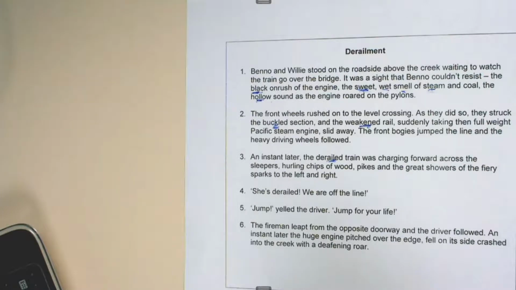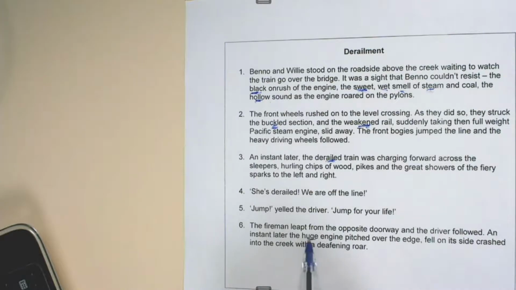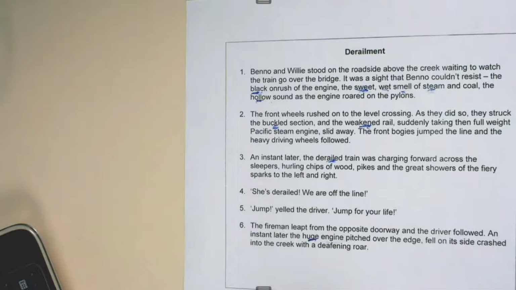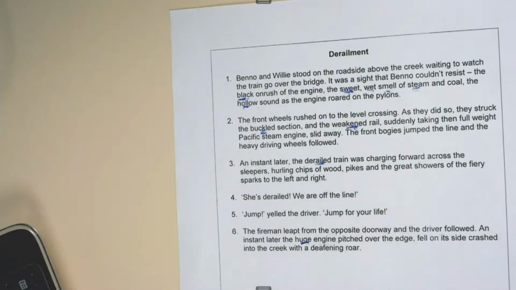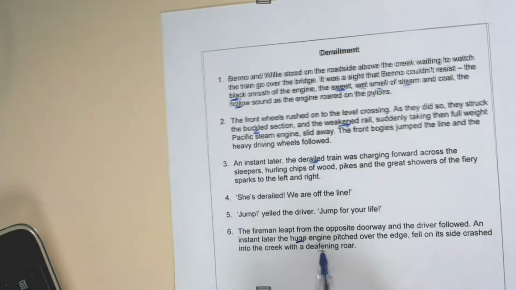Let's move to the last paragraph. Here we've got a huge engine. Engine is a noun. Now this huge tells us more about the engine. It describes the size of the engine, which is a huge engine. Now we have a deafening sound.